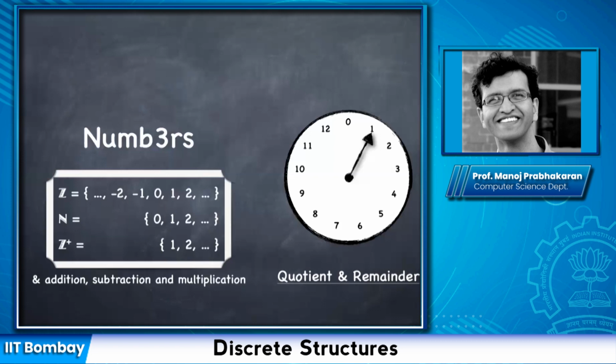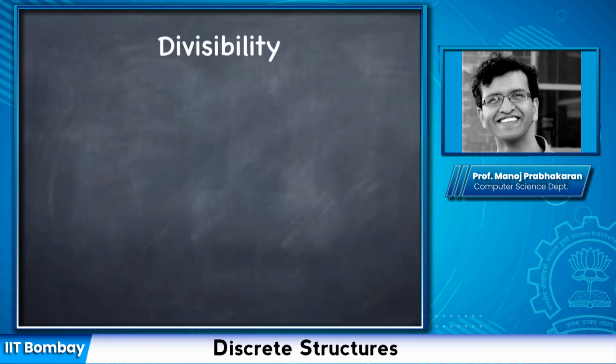We'll prove something that I'll call the quotient and remainder theorem. It's a very simple fact. Let me get started by first defining divisibility. For any integers n and d, I will say d divides n.